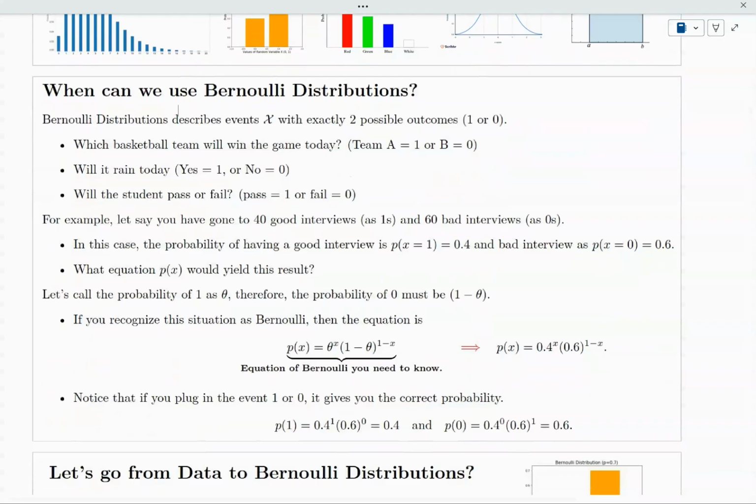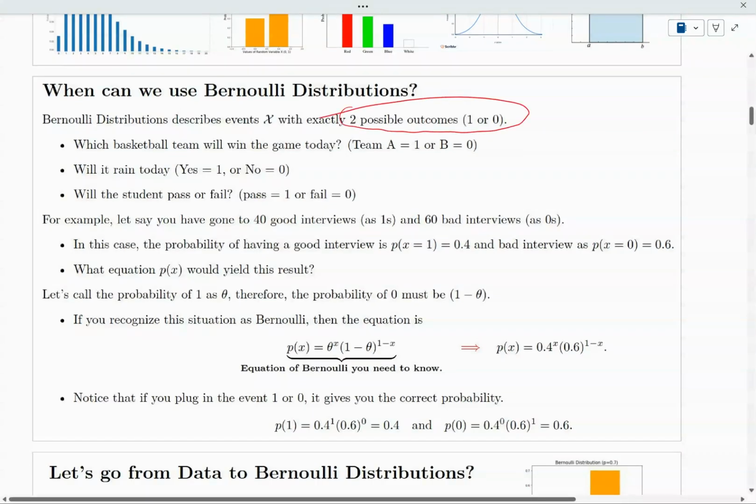Bernoulli distributions describe events with exactly two possible outcomes, and we put that as 1 or 0. For example, which basketball team will win the game? Team A could be 1, team B could be 0. Or, is it going to rain? Yes for 1, no for 0. Or, is the student going to pass or fail? Pass equals 1, fail equals 0.